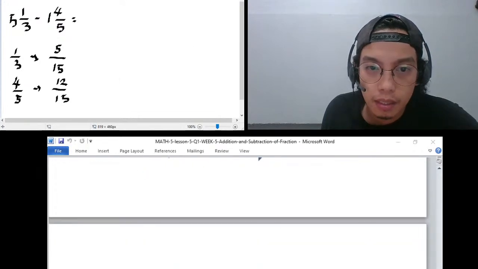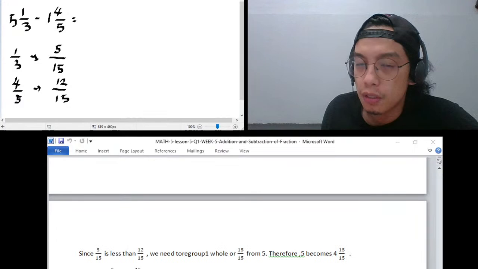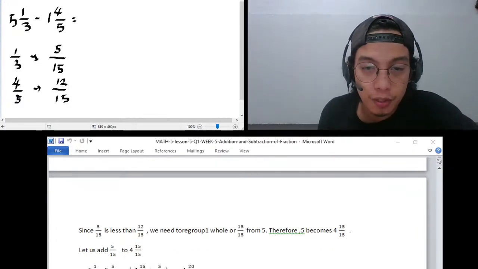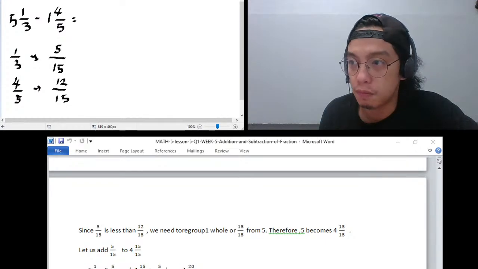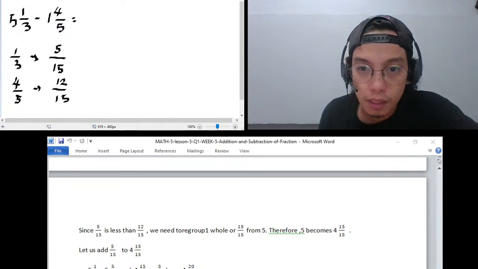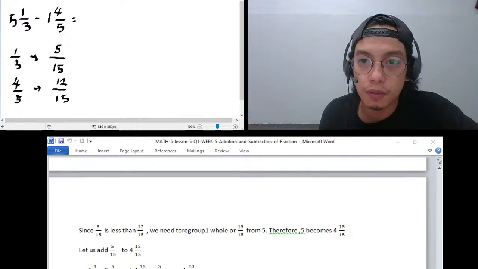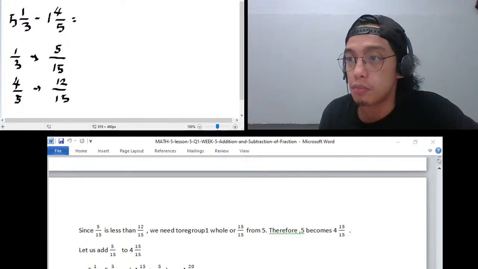Then what they did next is, since 5/15 is less than 12/15, we need to regroup one whole, or 15/15, from 5. Therefore 5 becomes 4 and 15/15. They need to regroup.